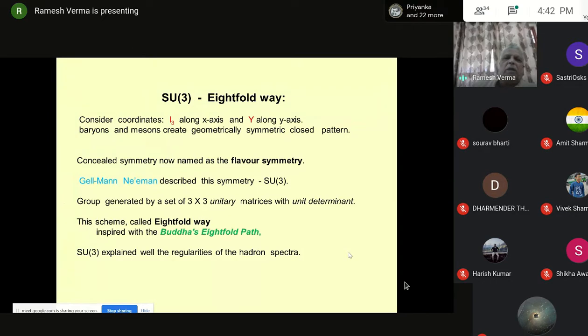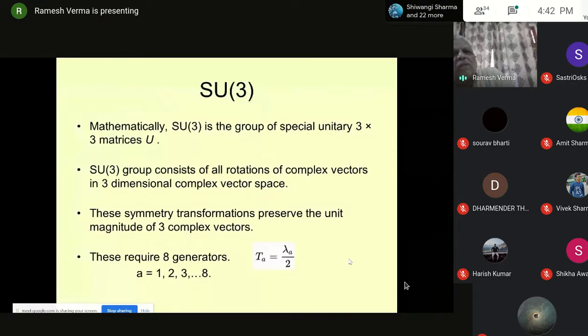The name was inspired: Gell-Mann was interested in Buddha's eightfold path, so he took this name from there. Because when you deal with particles, you find the mesons form an octet. So he just called it SU(3) eightfold way. It nicely explained the regularities of hadron spectra. That is what we'll see soon.